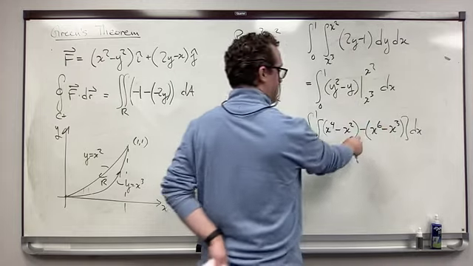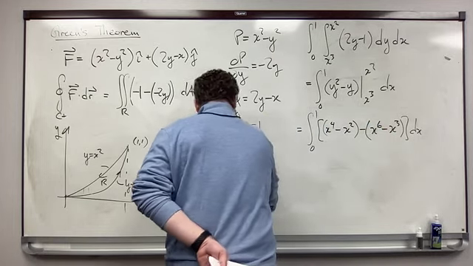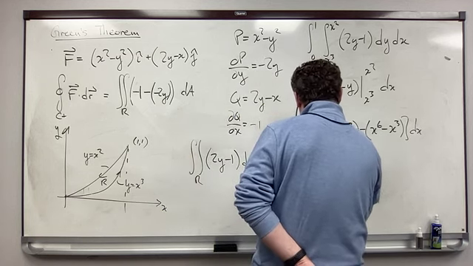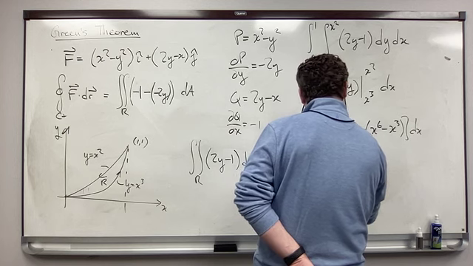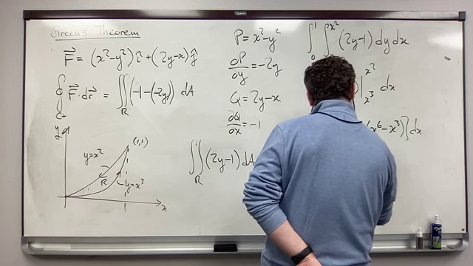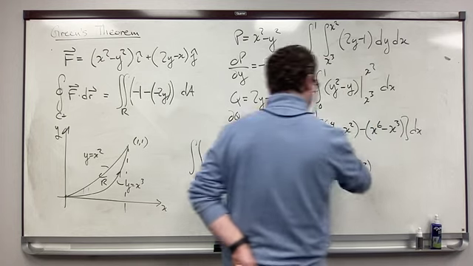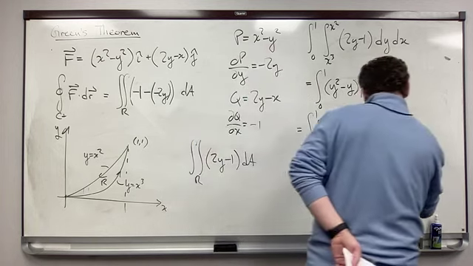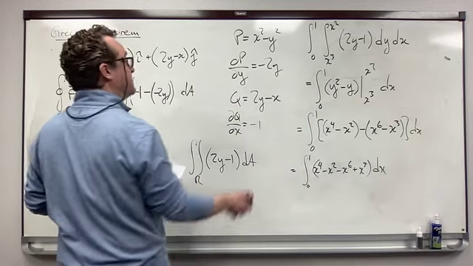I just did that to make sure I keep track of this minus sign correctly. I tend to go really slow when I do these things. 0 to 1, x to the 4 minus x squared minus x to the 6 plus x cubed. I was looking to see if any of the polynomials add to each other, but I got 2, 3, 4, 6, so there's nothing to do there. dx.